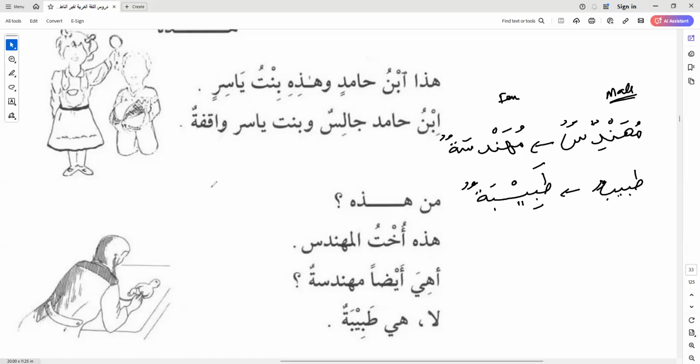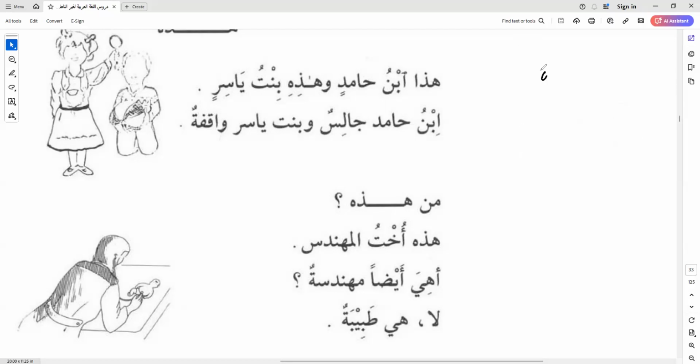When you are adding the taw marbuta, what happens? Now look at it. Muhandisun. Pay particular attention to the vowel at the end.